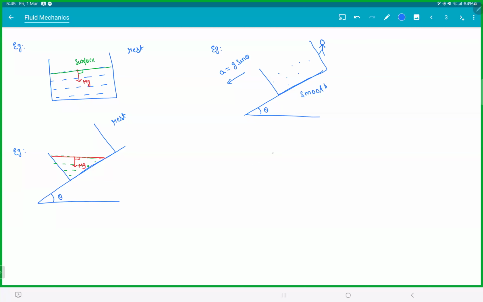If you ask him to draw an FBD, again, remember we are drawing the FBD of the liquid surface. So first, mg sin theta, mg cos theta. Since the container is accelerating, we'll get a pseudo force ma, which is nothing but mg sin theta only, which is the pseudo force.